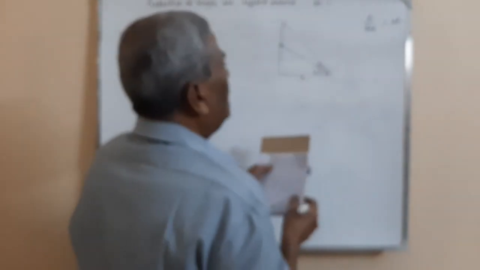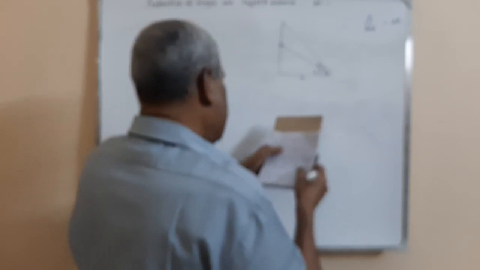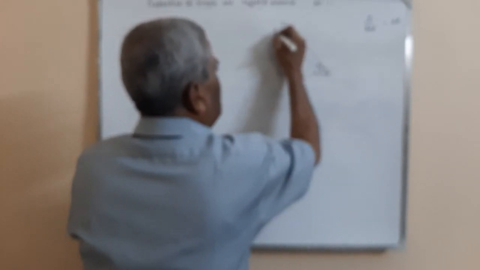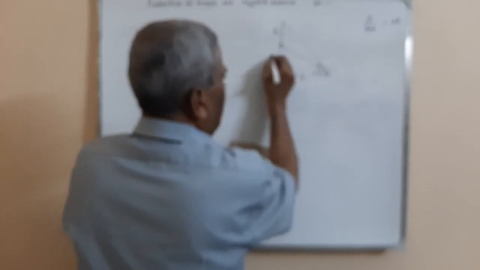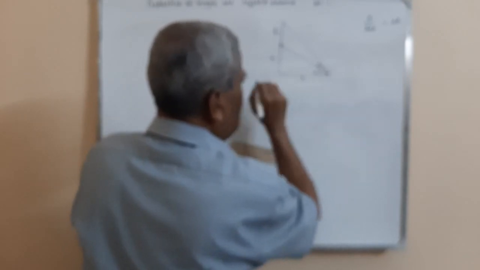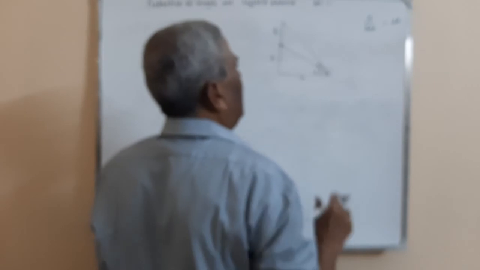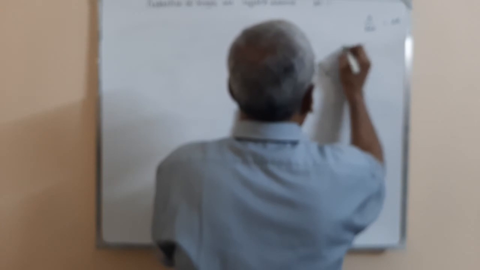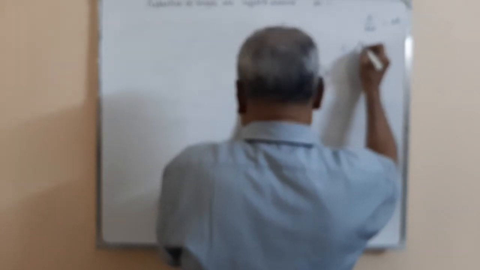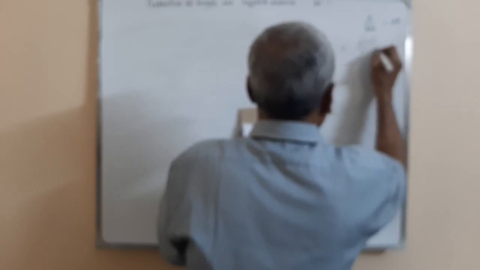So then we have to find the height of the flag. Suppose the height of the flag is h. Let the height of the tower be b, and that one is a. It is given. b is also given, and we have to find the height of the flag. Options are there. Number 1, b into a square plus b square by a square minus b square.